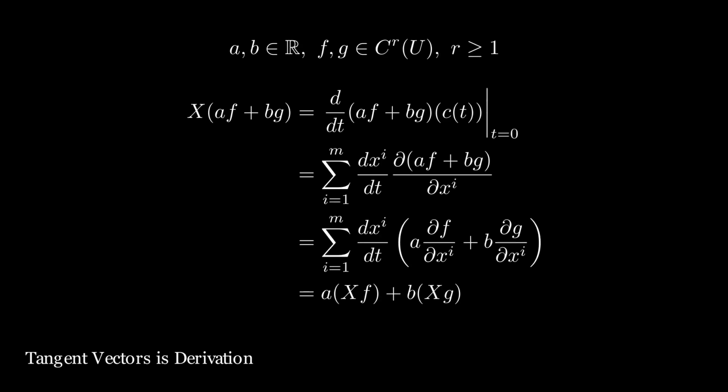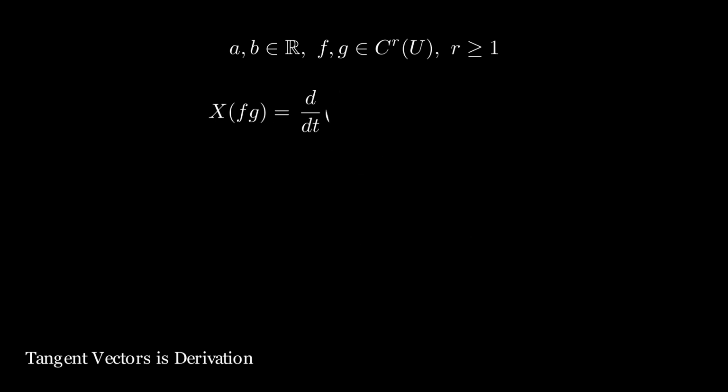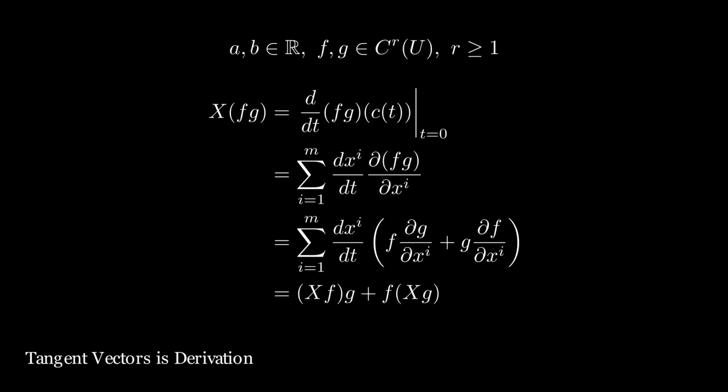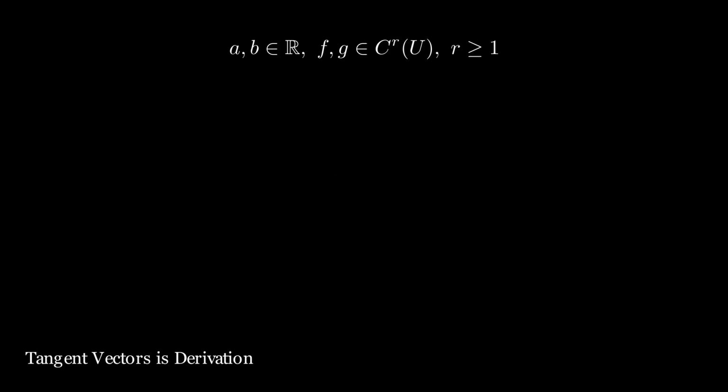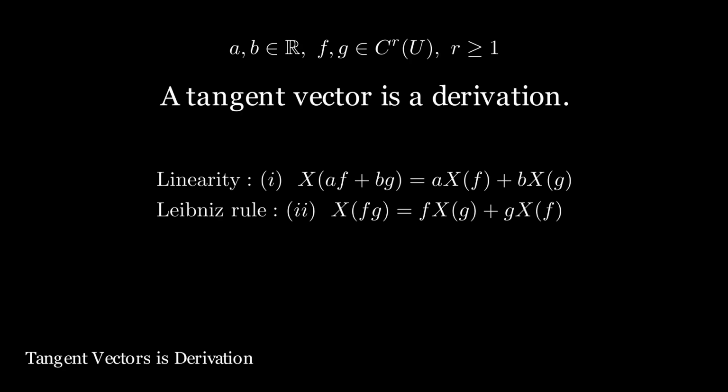There are two key properties. One is linearity. And the other is known as the Leibniz rule. These are the algebraic properties of derivations.